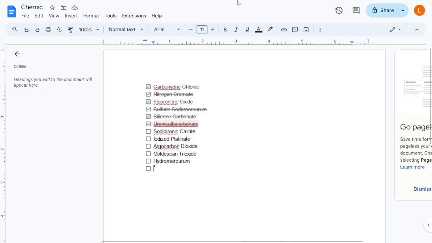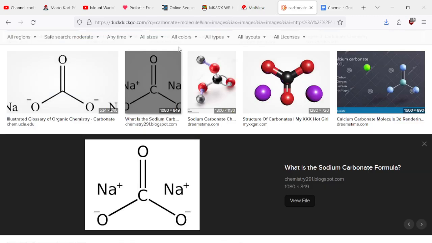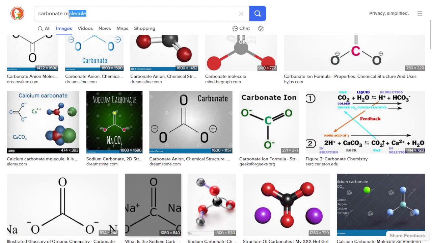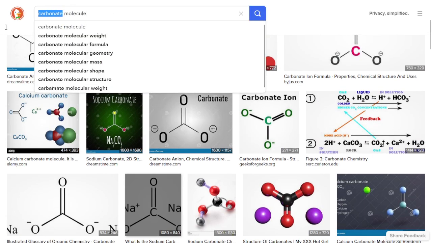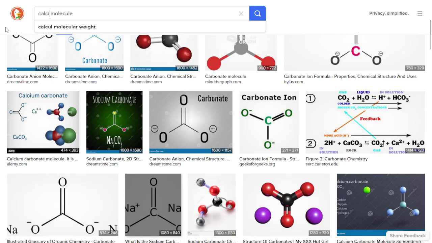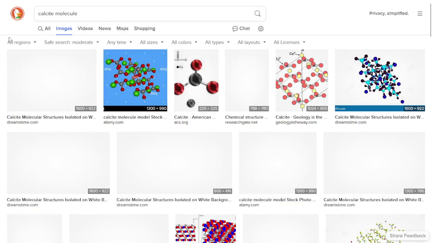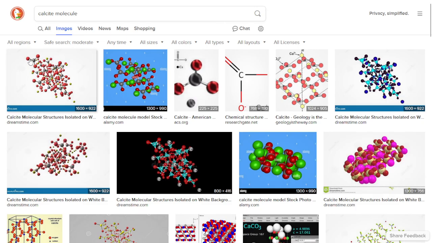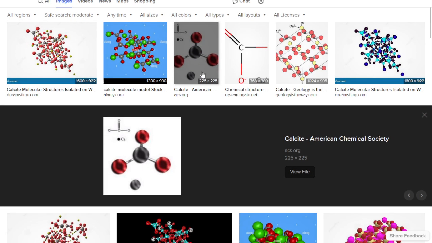Next up is sodioironic calcite. Now, if we go to the calcite molecule, why do I keep trying to get rid of the molecule part of it? We ignore this mess and we go to the calcite.